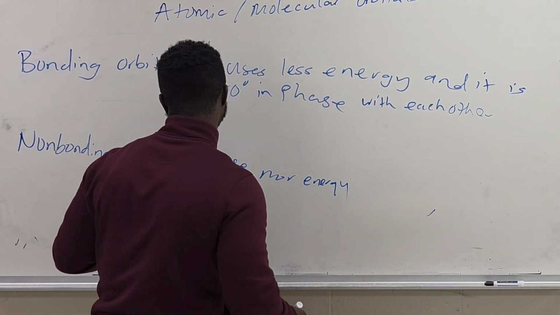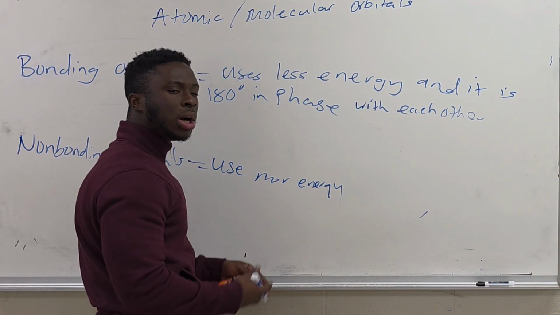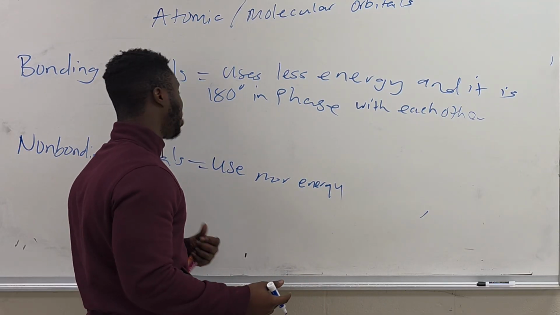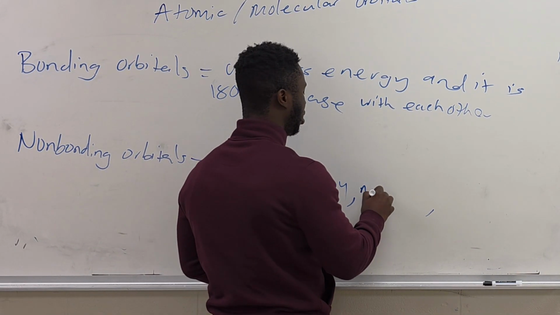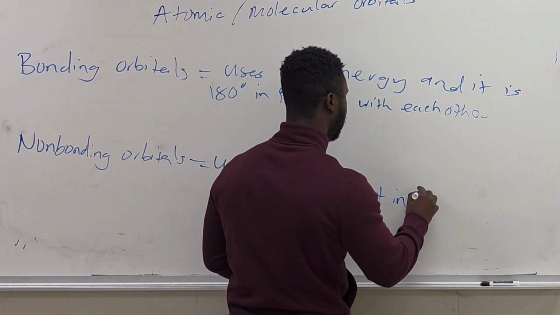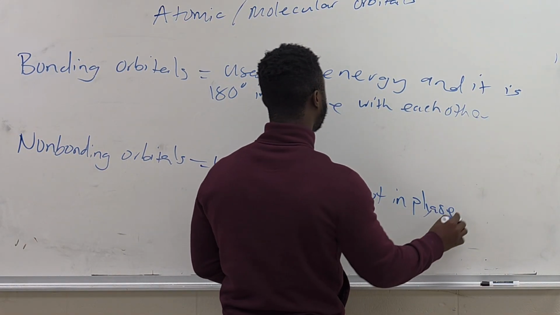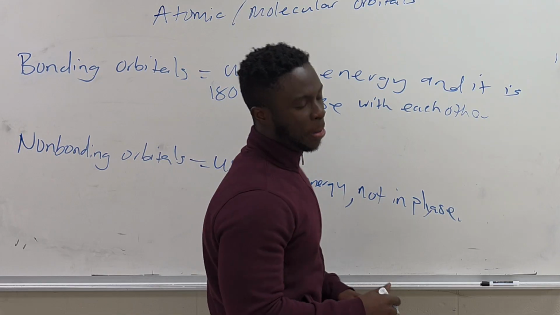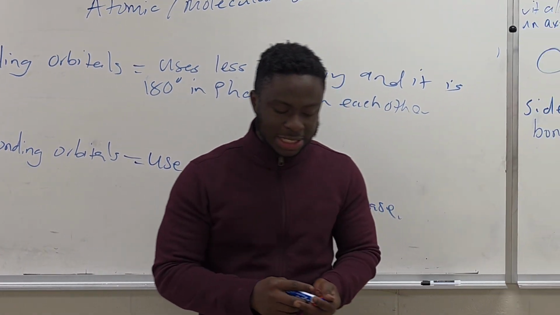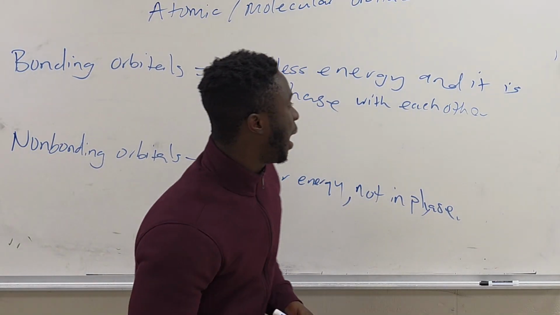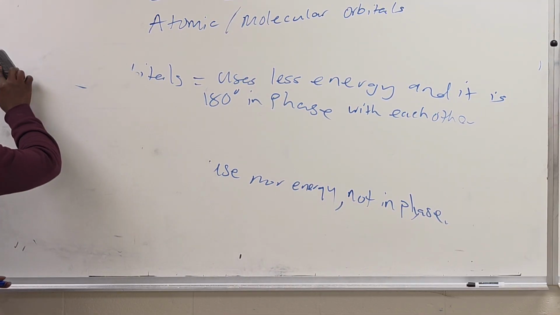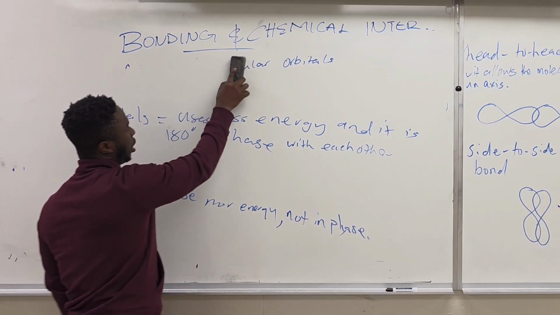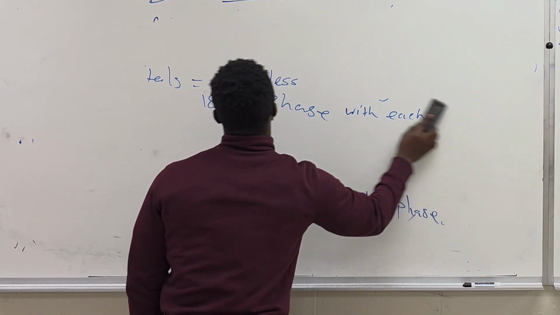And then when you superimpose the two orbitals, they would not be in phase, right? Not in phase. And if they are not in phase, what can they not do? Synchronize to perform activities that will make it energy efficient. So those are the things I wanted to add about atomic or molecular orbitals.